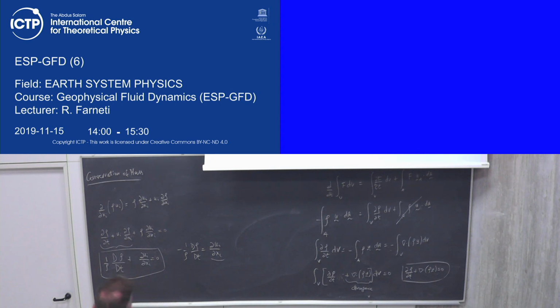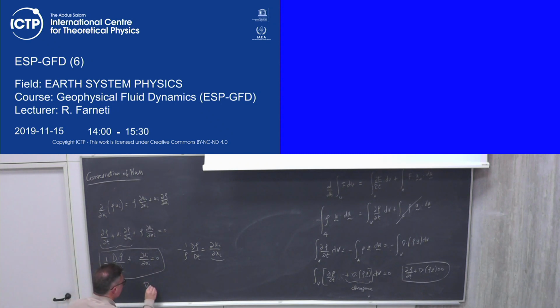Liquids are almost incompressible, and changes in density are small. They're not zero, but they're small. So in the Boussinesq approximation, liquids are almost incompressible, so changes in density are very small, and derivatives of density are very small. So for an incompressible fluid, all these d by dt, d by dx, d by dy, d by dz are equal to 0.